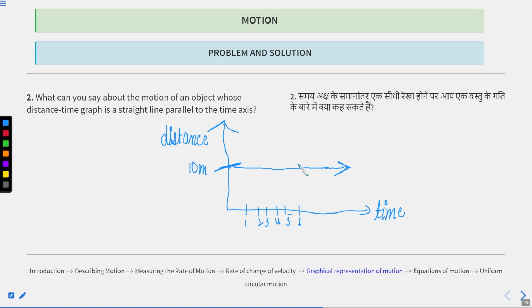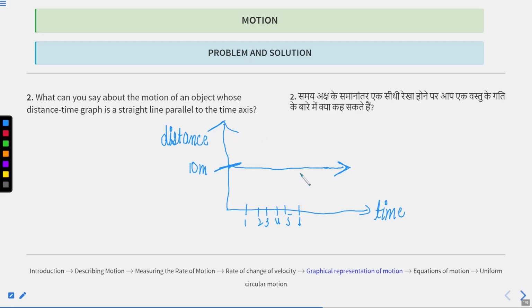So my distance is not changing, but we know that time is continuously changing because you can see your watch. So time is continuously increasing, but distance is not changing. So which position am I in? Motion or rest? I am at rest.